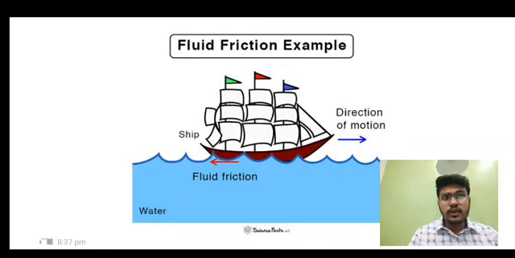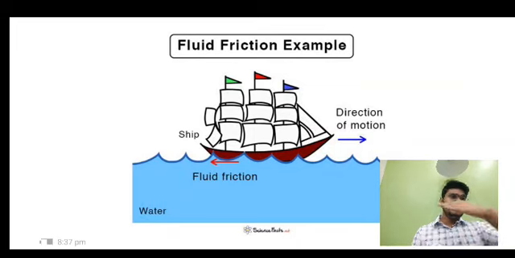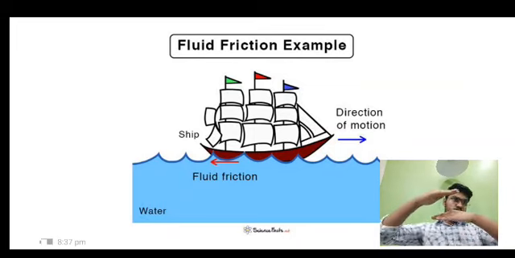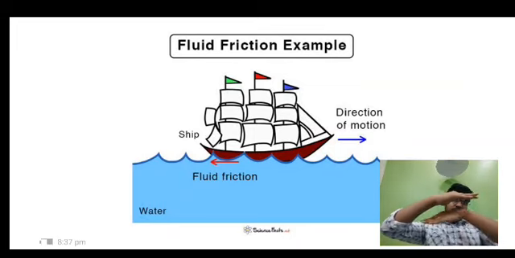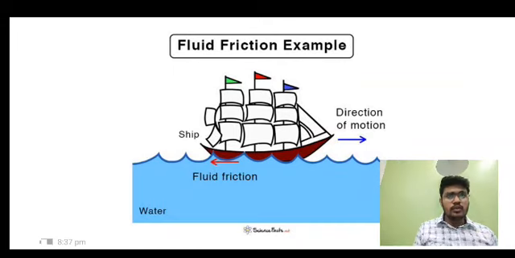Even fluid is not smooth, right? You can see the boat is moving in forward direction, the friction is acting in the opposite direction, the direction of motion is in this direction, there is a drag. So the friction offered between the surface and fluid is fluid friction. You can see the word fluid itself is saying it's due to fluid.